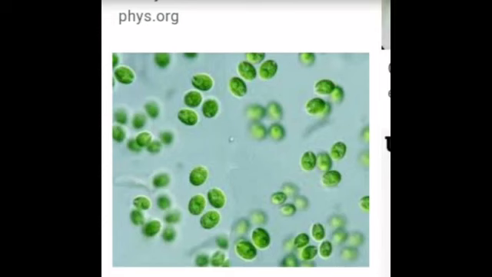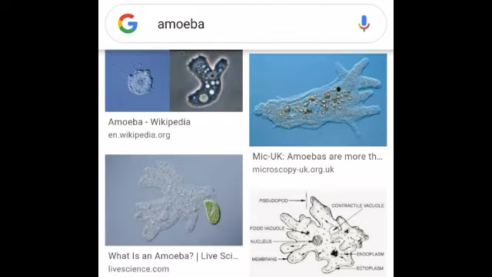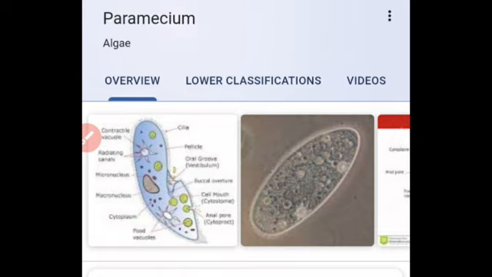One cell means unicellular. Amoeba and paramecium and many other animals are also made up of a single cell. And there is no change in the number of cells throughout their life cycle. It means for the whole life they will remain single-celled organisms.